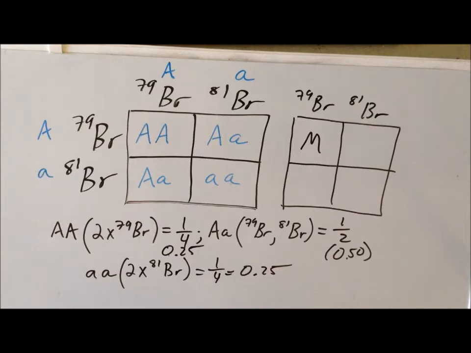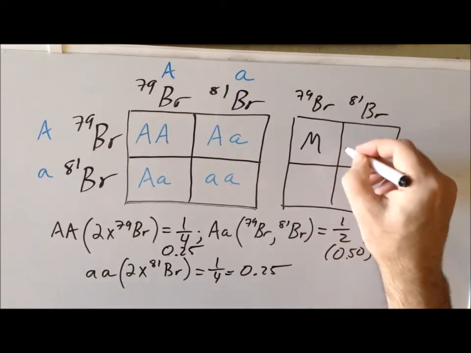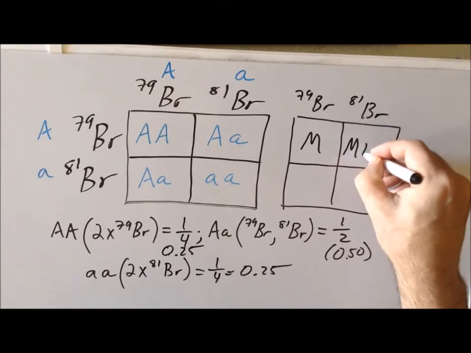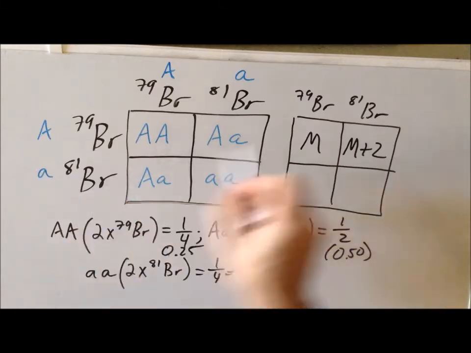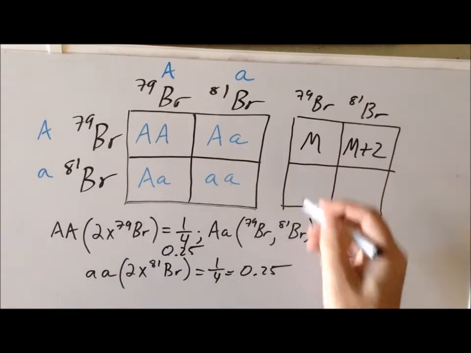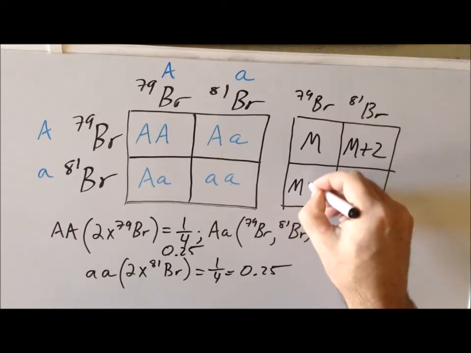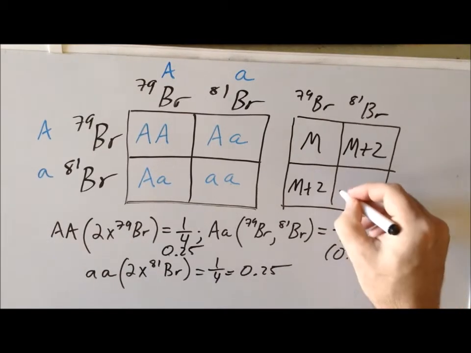If I have 79 and 81, that's going to give me a mass 2 units greater, so that's going to be M plus 2. For an 81 and a 79, since we can't tell which bromine is which, the order doesn't make a difference here. So that's also going to be M plus 2. And then if I have two bromine 81s, that gives me a combination that has a mass of M plus 4.